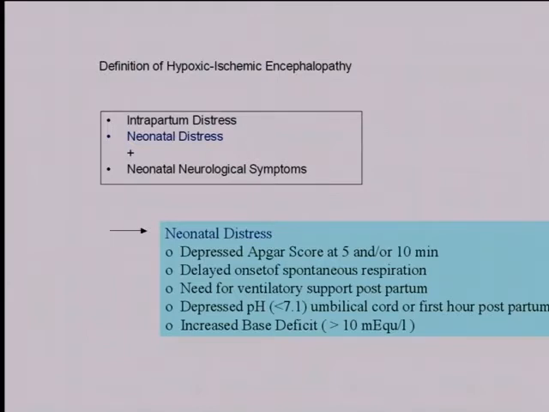Depressed pH in the umbilical cord, and what you can do is to use the blood gases you draw within the first hour after delivery. Interesting enough, they are very similar. When you take blood gases immediately after delivery and again about 1 hour after the baby has been born, they are often very, very close. And then, of course, increased base deficit indicating lactate. Next.